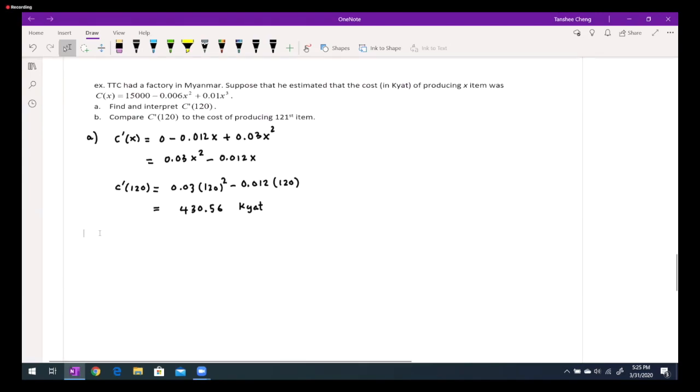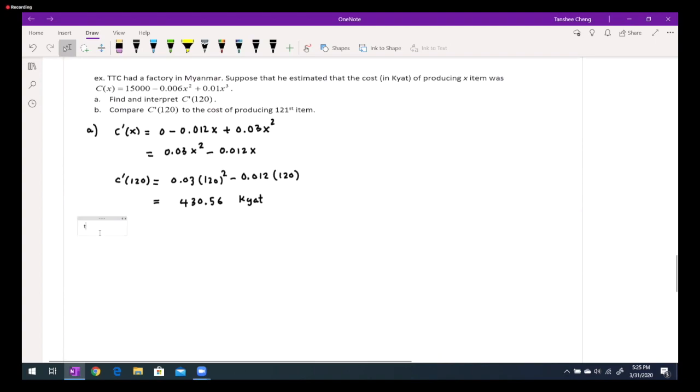So C prime of 120 interprets the rate at which the cost is increasing as the 120th item is produced. So that's what it means. We are talking about the instantaneous rate of change at that particular production level. Any questions before I move any further?